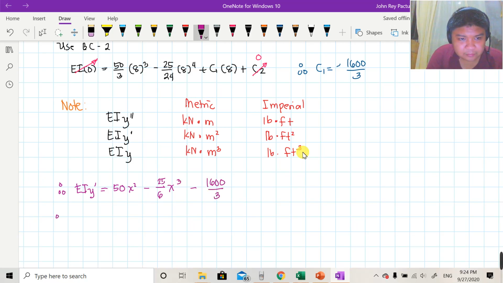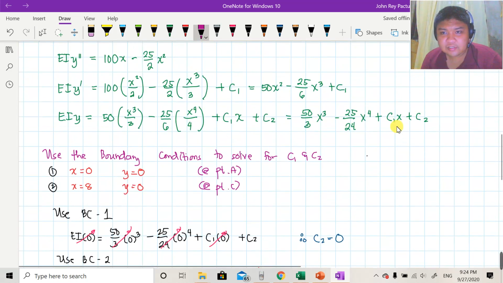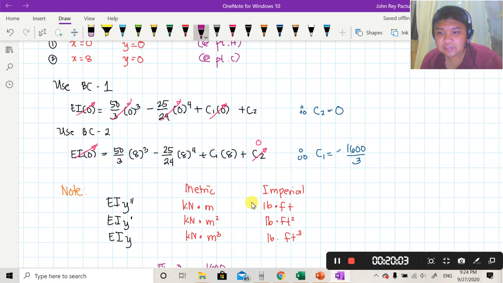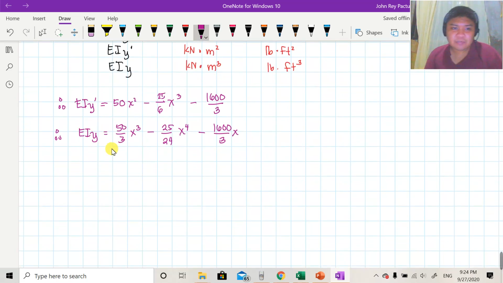Might as well, no, yung EIY natin ay equal sa 50 over 3 x cube minus 25 over 24 x to the fourth minus 1,600 over 3x, no? So, I am just referring class to the value of C1. Sinubstitute ko lang siya class. Okay, so meron na tayong actual na function for EIY prime and EIY.